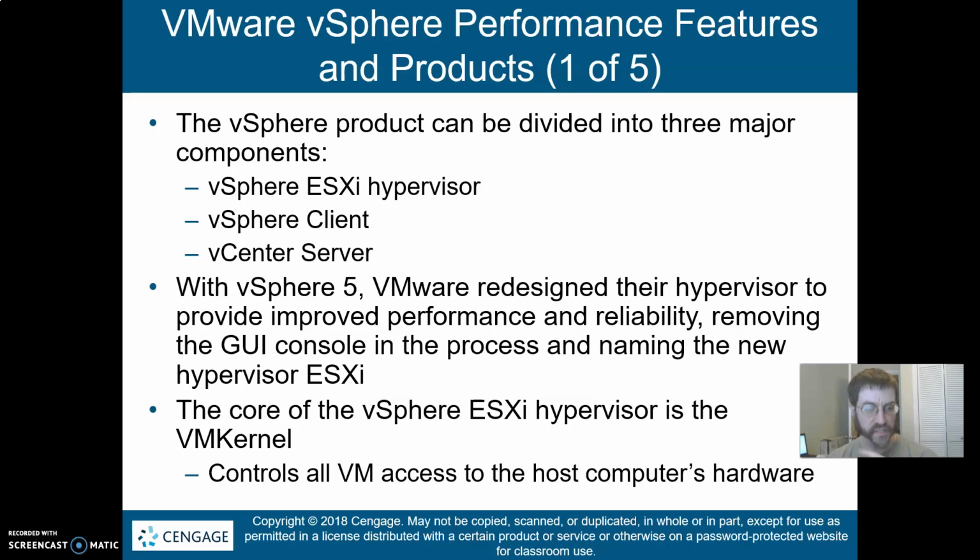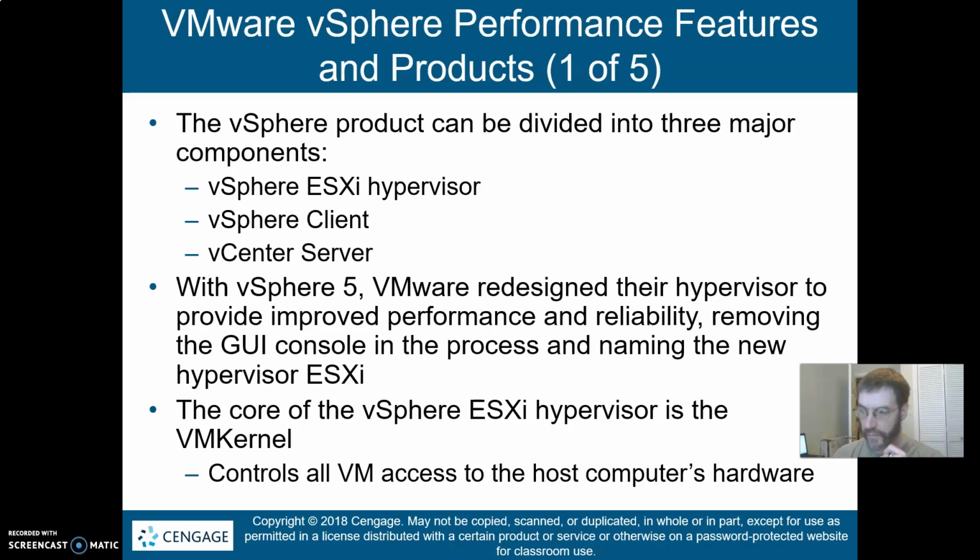This improves performance, it improves reliability, it improves your attack surface, because your GUI adds layers of abstraction between the user and the OS. Now, the core of that hypervisor is the VM kernel. Technically speaking, it's a flavor of Linux. And we'll see that term again in a little bit, when we talk about a VM kernel NIC, that's tying into the ESXi host. And that kernel controls all the VM access to the ESXi host's physical hardware.